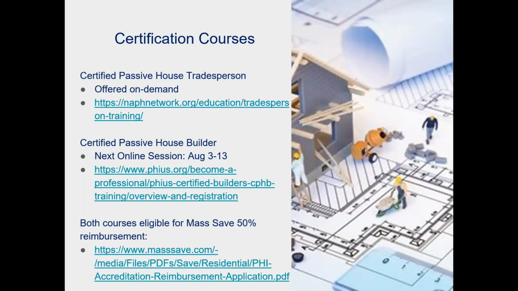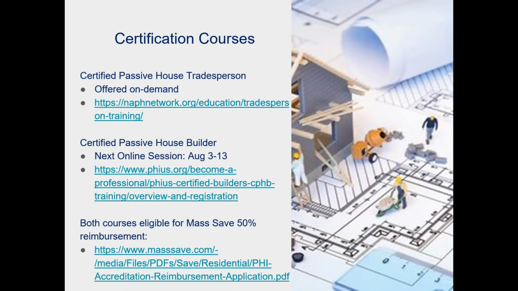And to wrap up with some educational resources that are out there for you, starting with certification courses. I mentioned both the Certified Passive House Trade Person course and the Certified Passive House Builder course. These are both available online currently. The Trade Person course is currently on demand, so you can take it when you like. The Builder course is online, but is held with some live sessions.